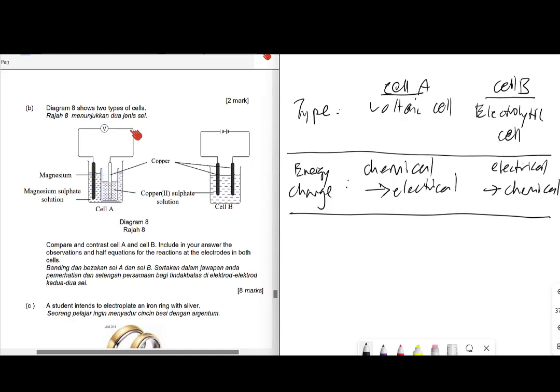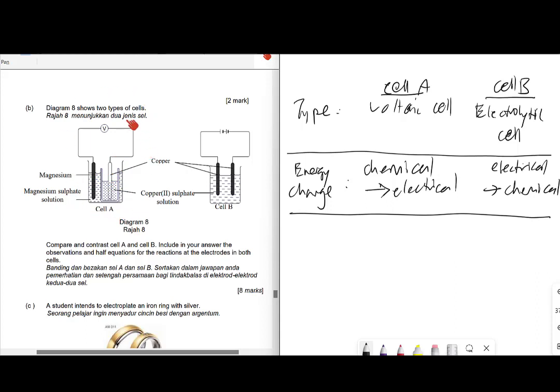As you can see, for this voltage cell you have two different electrolytes, magnesium sulfate and copper(II) sulfate. So of course you're going to have different types of ions inside. But let's look at the electrodes first. I can see this is magnesium and copper, but here both are copper, so you can tell them apart. But which one is positive, which one is negative?